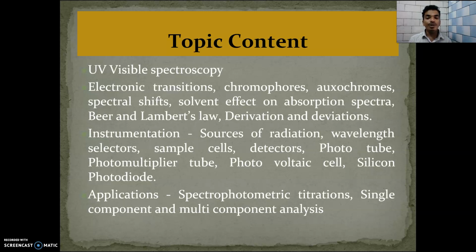Then instrumentation of the UV visible spectrometer: source of radiation, wavelength selector, sample cell, and detector. There are different types of detectors we want to study: phototube, photomultiplier tube, photovoltaic cell, and silicon diodes. Then the applications of UV visible spectroscopy: spectrophotometric titration, single component and multi-component analysis.